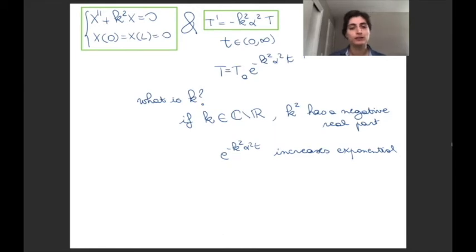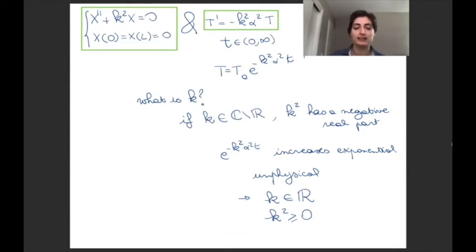So if k is complex, then k squared has a negative real part, then minus k squared has a positive real part, and therefore exponential of minus k squared alpha squared t increases exponentially. This is unphysical, we don't want this, so we are expecting k to be real and k squared to be strictly positive.